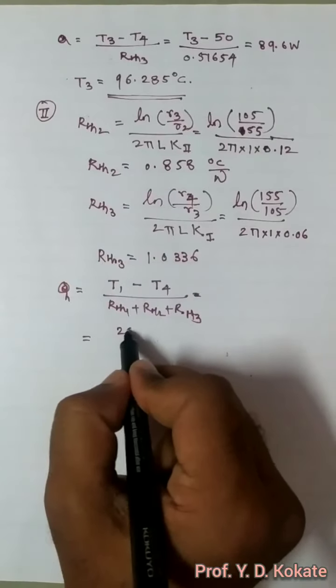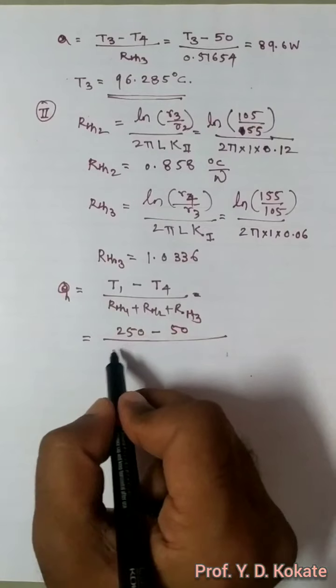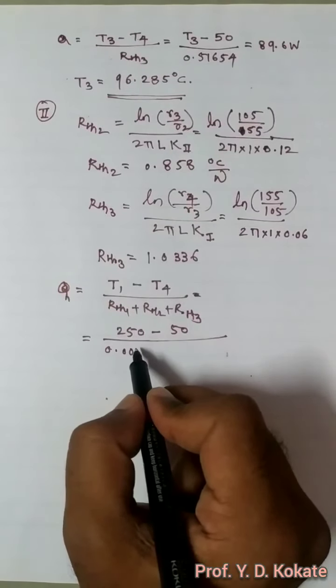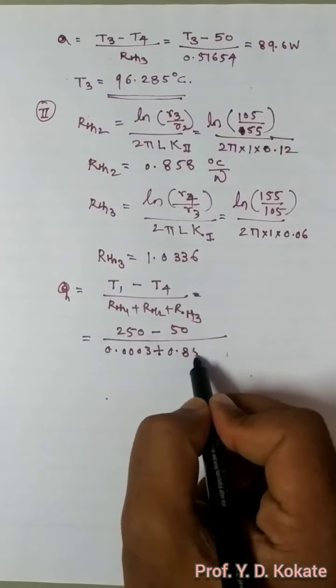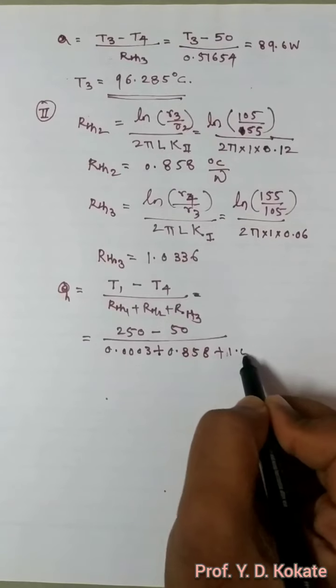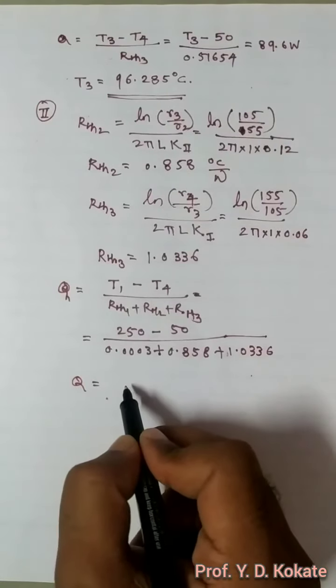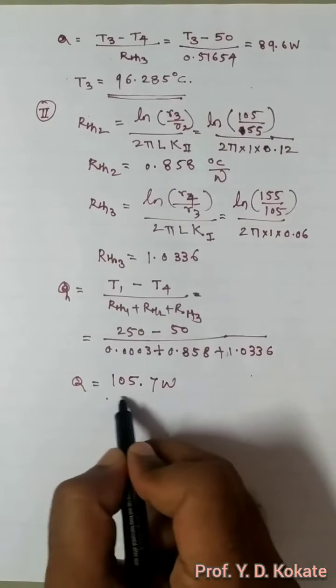T1 is nothing but 250, minus 50, divided by 0.003 plus 0.858 plus 1.0336. So I will get Q equal to 105.7 watt.